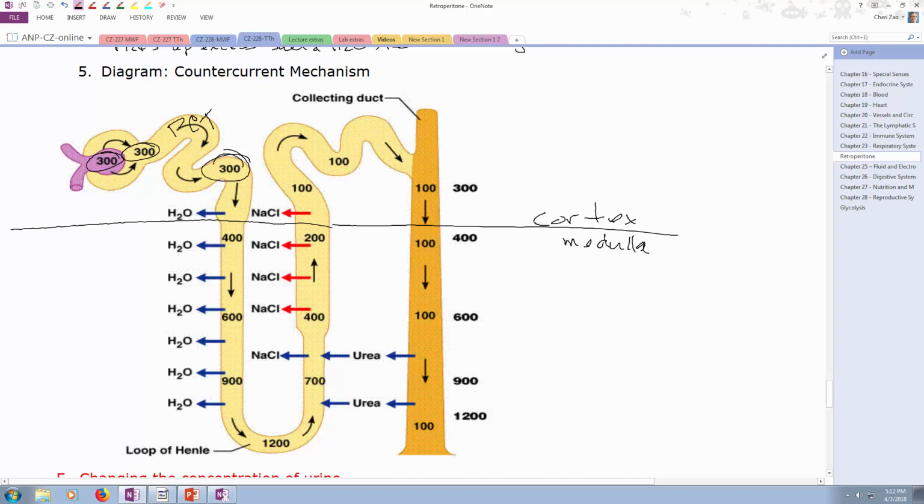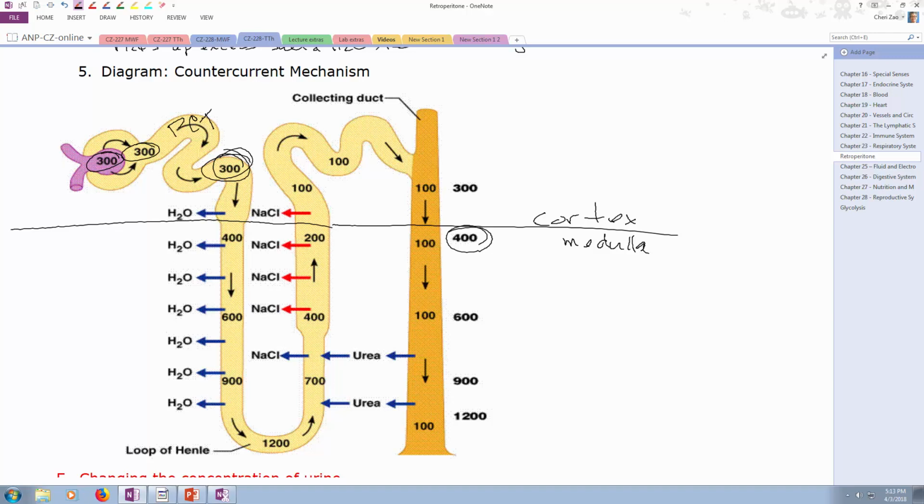So we have this 300 milliosmoles, which means we have solute and water in here. And we get down into this area where the surrounding tissue's osmolarity is 400. So it's freely permeable to water, and water always wants to go where there's a higher osmolarity, correct?